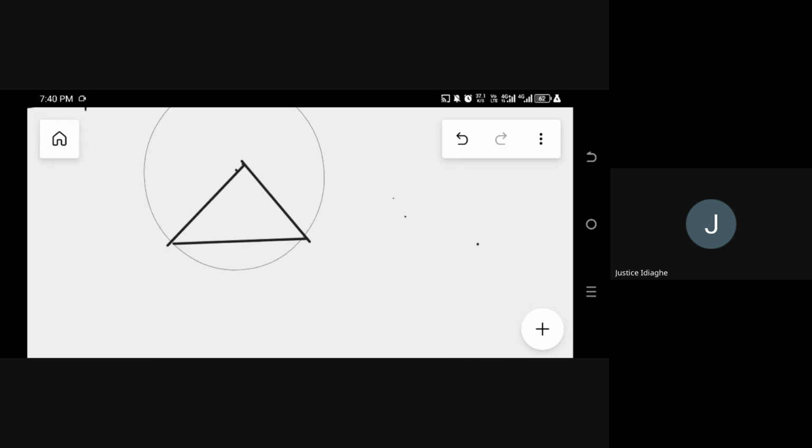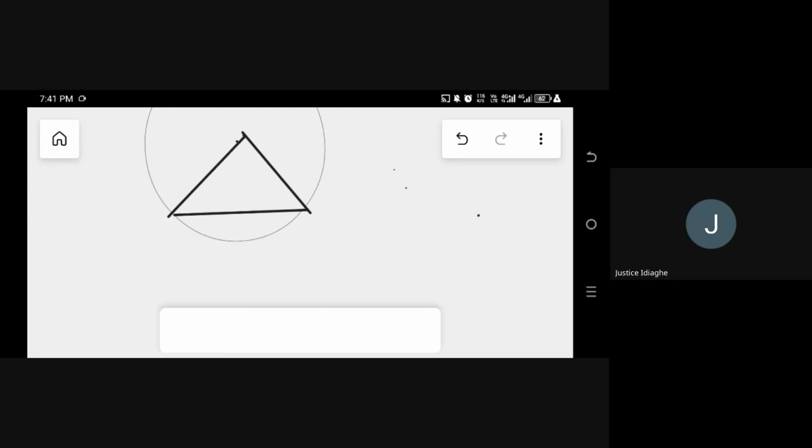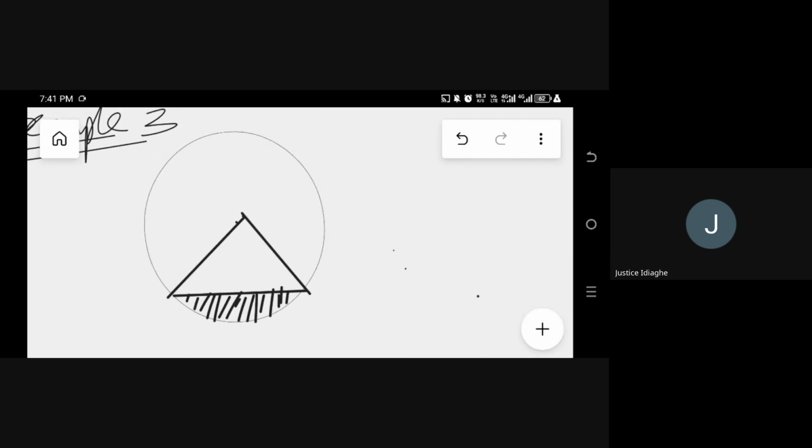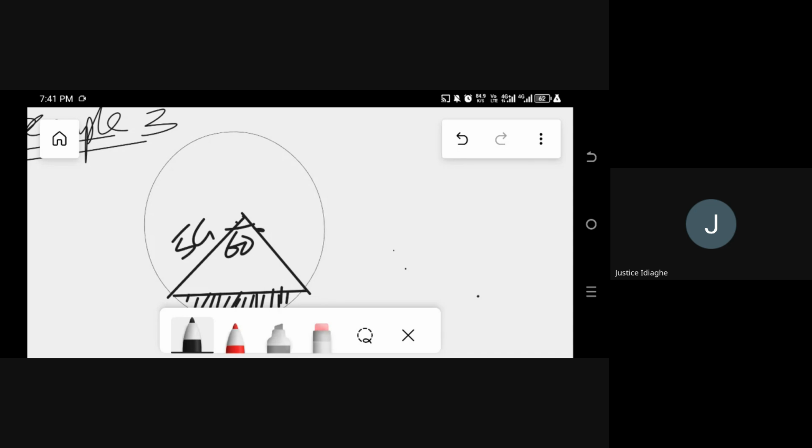Now you're given that this bottom would be shaded. You see that bottom there shaded. So let's say at this top we have 60 degrees. What should we use here? 5 centimeters.